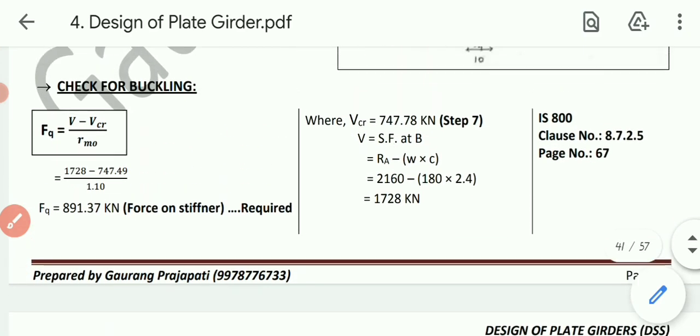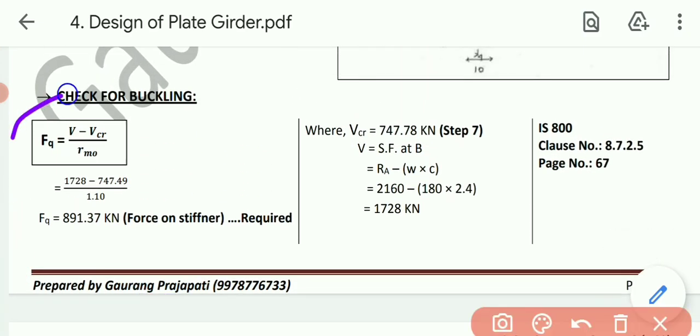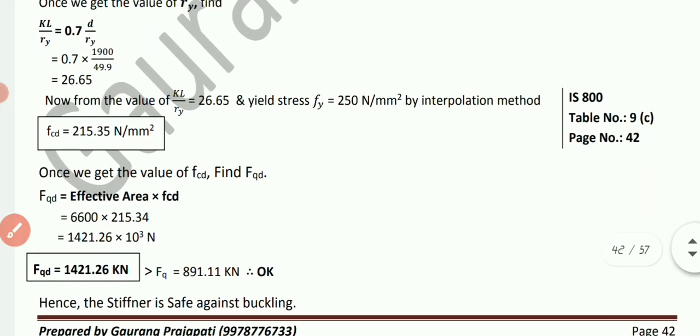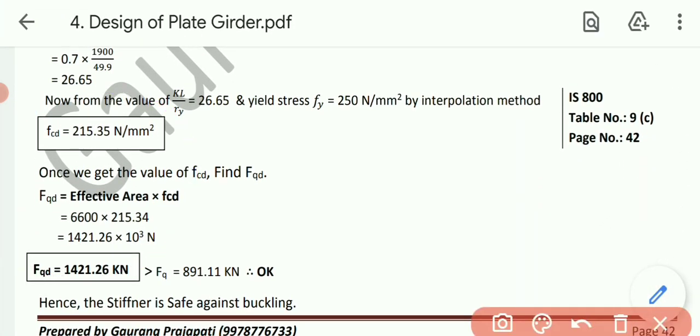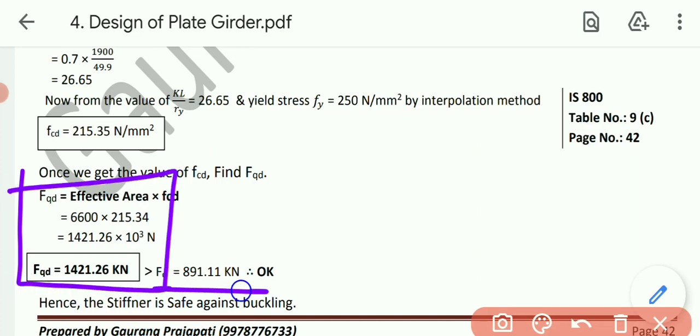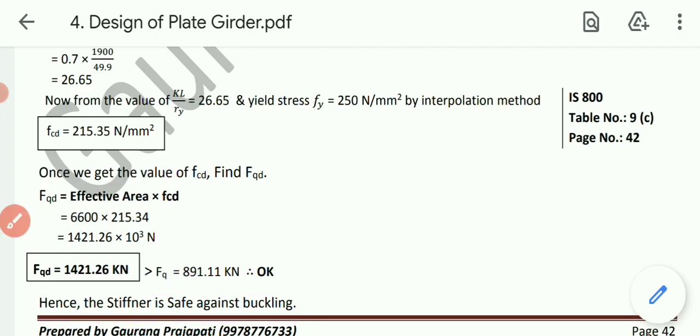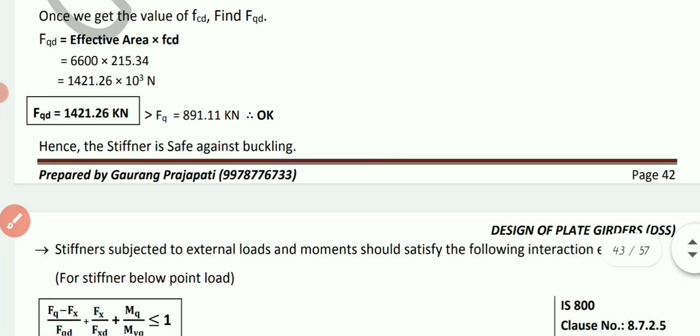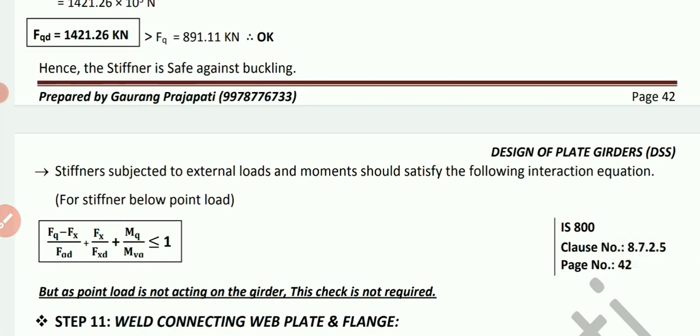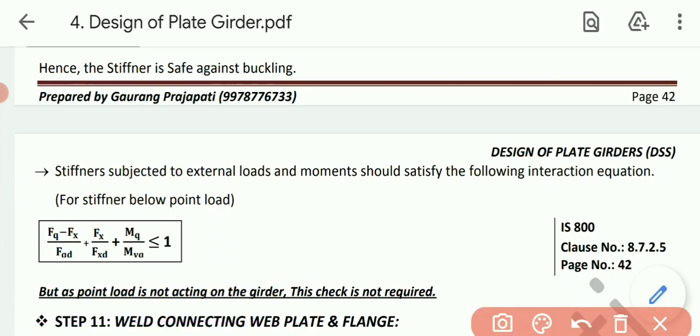Just a minute, let me take you to the FQ over here. Yeah, see, that was 891.37. That was our requirement, and against it we have got the FQD, that is 1421, which is greater than FQ, and it's okay, the stiffener is safe against buckling. We need to carry out one more check, but we cannot do this check as there is no factored point load acting on the girder.